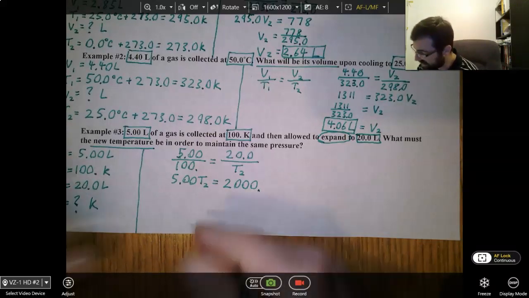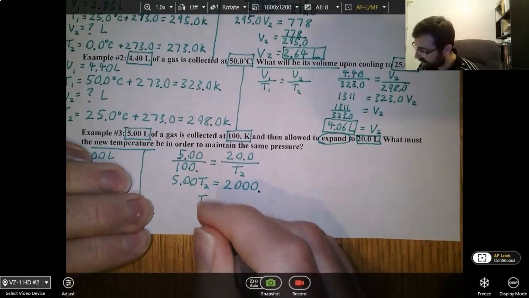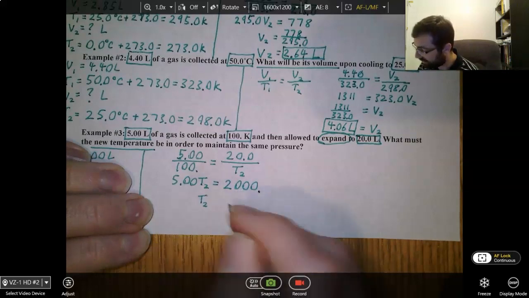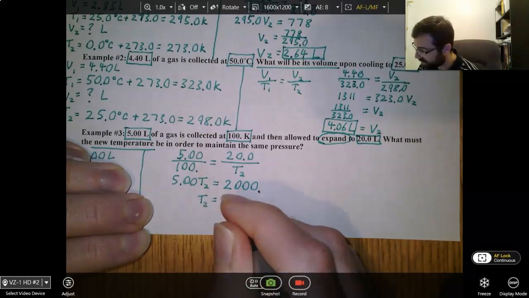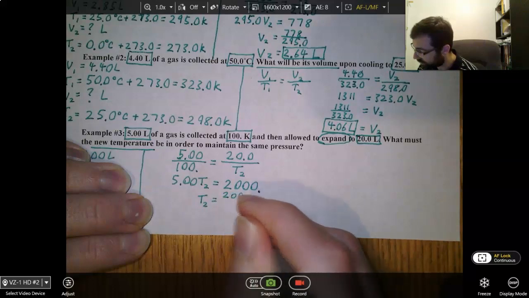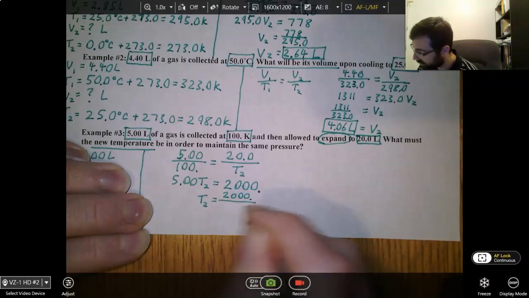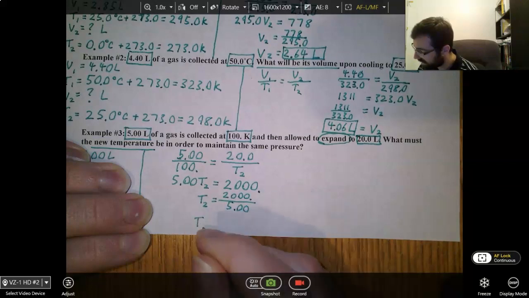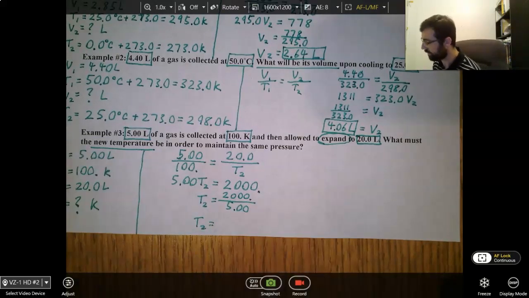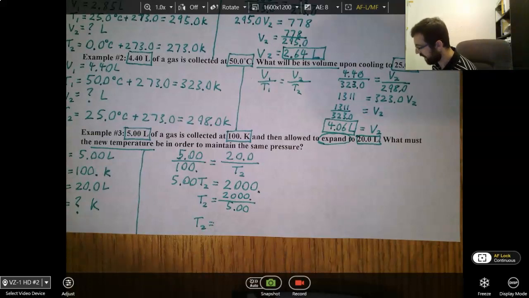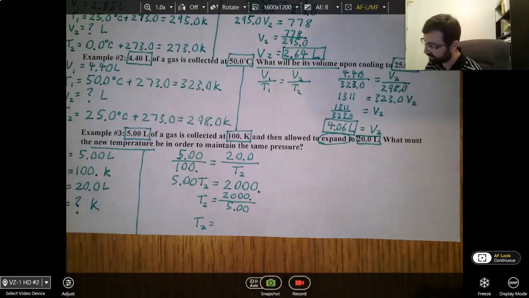So to solve for T2, I need to divide. I'm going to do 2,000 divided by 5.00. T2 equals 2,000 over 5 is 400.